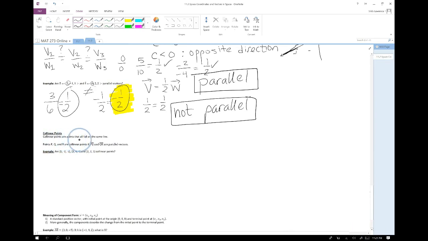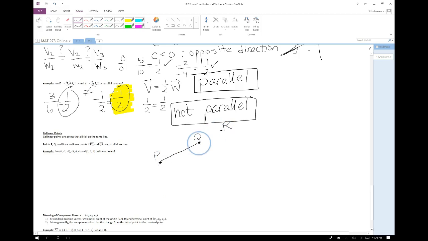Collinear points are points that all fall on the same line. Now, in two-dimensional space, any 2 points, and this is actually true of three-dimensional space as well, any 2 points can always be connected with a straight line. But once you introduce a third point, so I'm going to call this P and Q, once we introduce a third point, there is a definite yes or no of whether that third point falls on the same line.